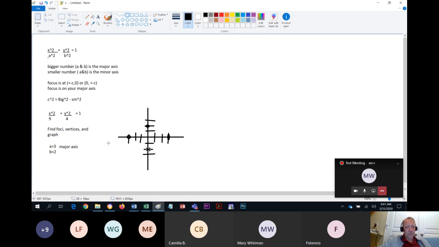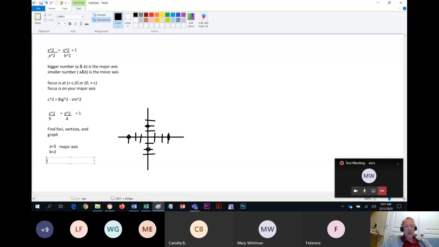Now my vertices. I think the book only lists the major axes, but I would prefer that when you're doing this on your test that you list all 4. So your vertices are going to be plus or minus 3, 0, and in the vertical direction 0, plus or minus 2.